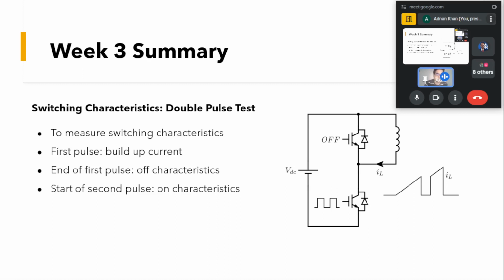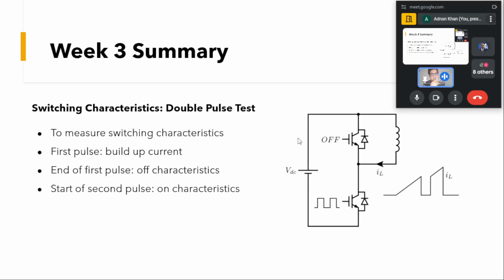So if you want to characterize devices, we do this double pulse test. When you see in the data sheet the different parameters for a particular device, the device has gone through a number of tests. This is one of the tests that a device goes through when we characterize it.